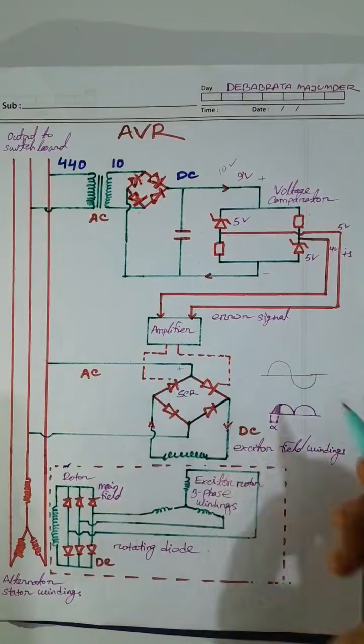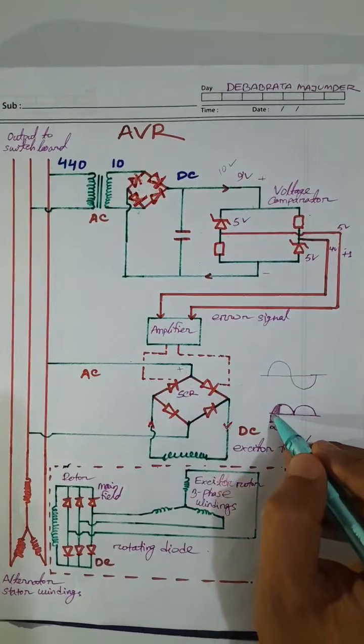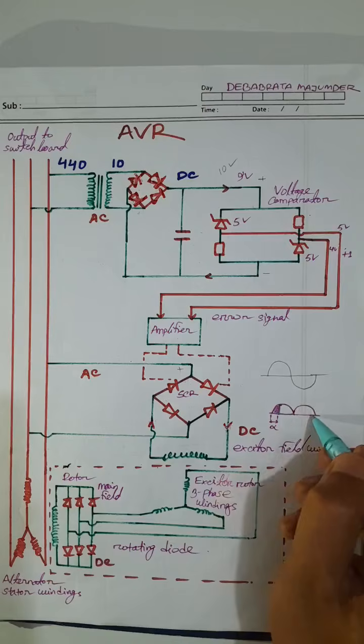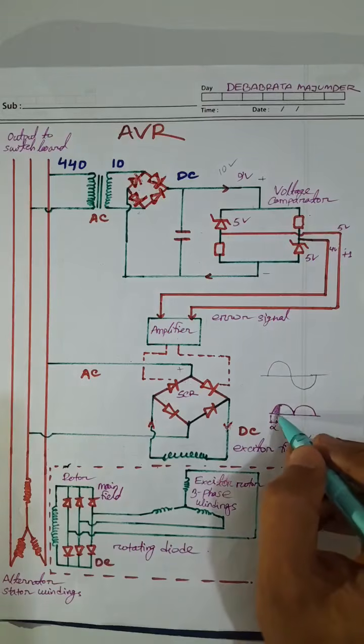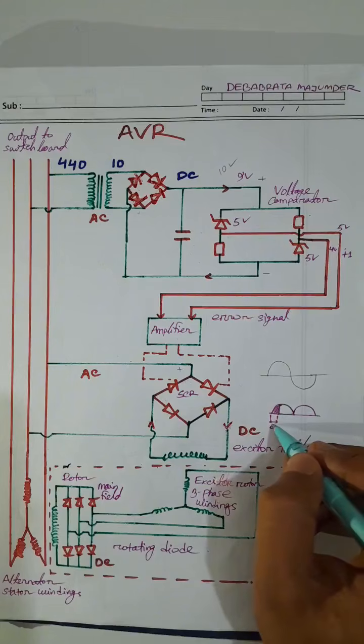How does it control? Assume this is the DC voltage. The angle at which the SCR is triggered is known as the firing angle.